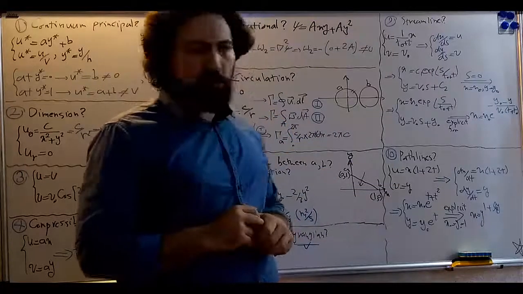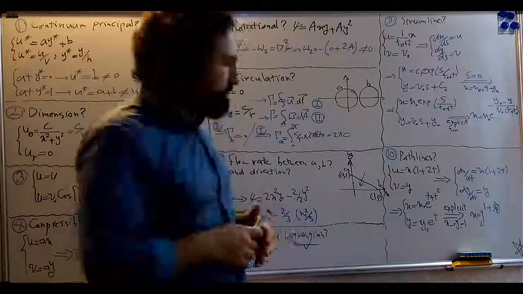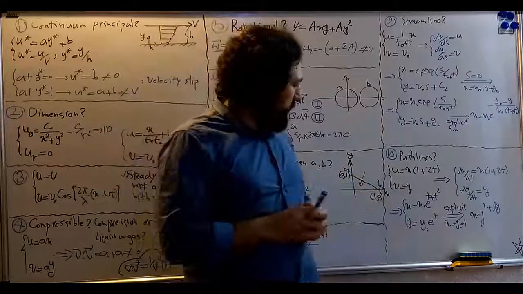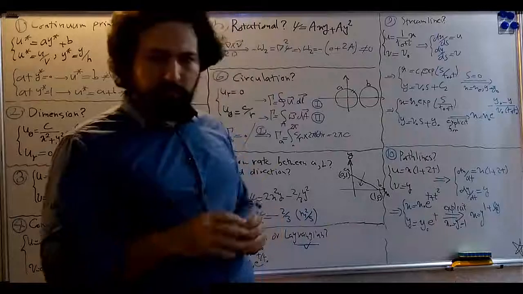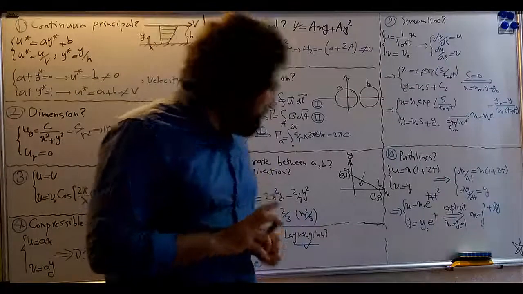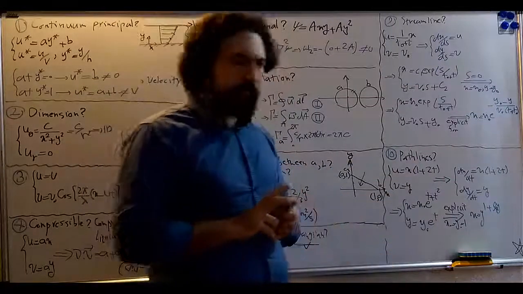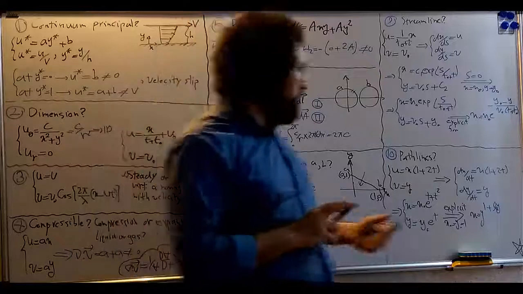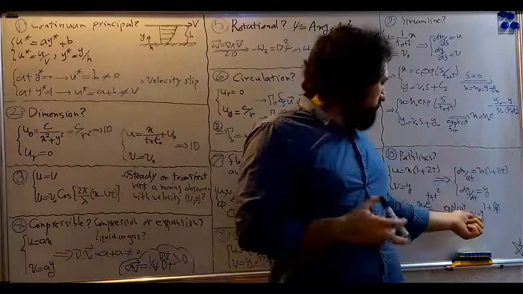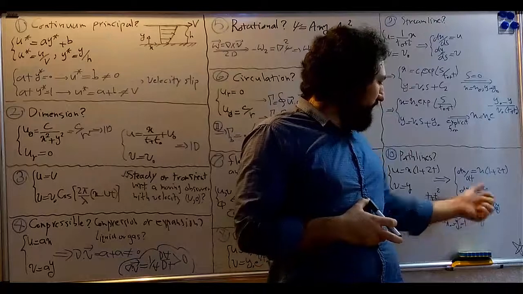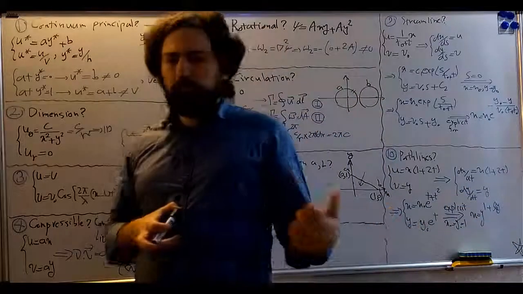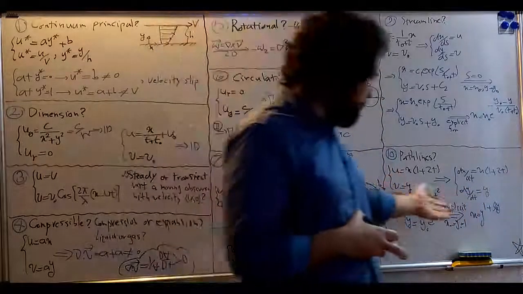Again, you may keep time in the relation. This is the implicit form. If you want to find the explicit form, you have to eliminate t, time, between these two relations, and the final compact form with just x and y in a relation is this one here.